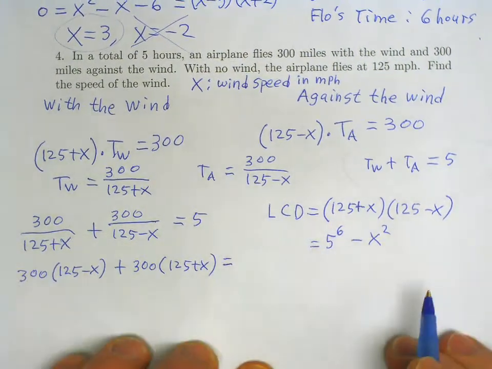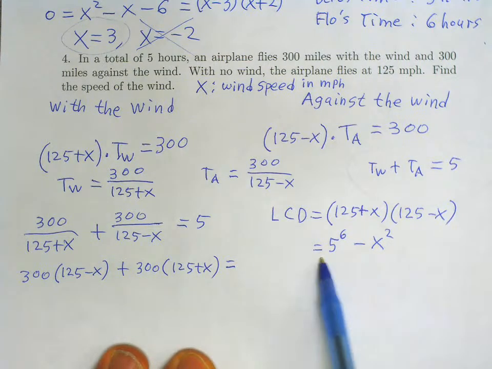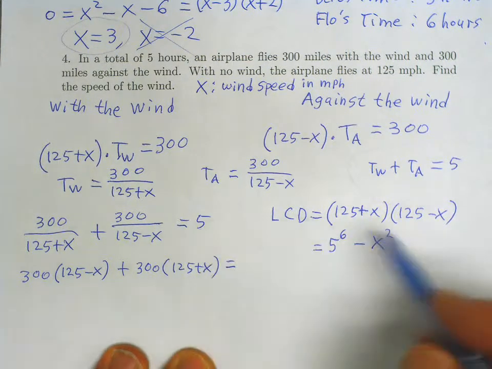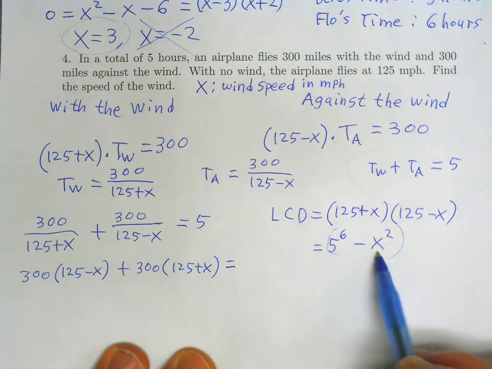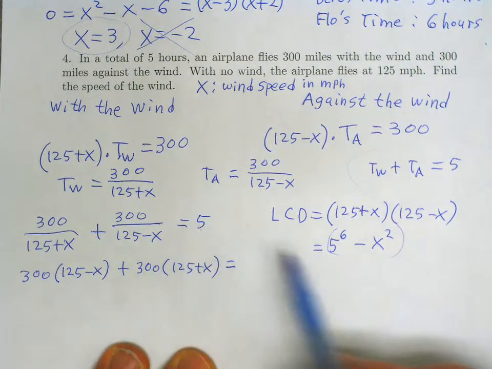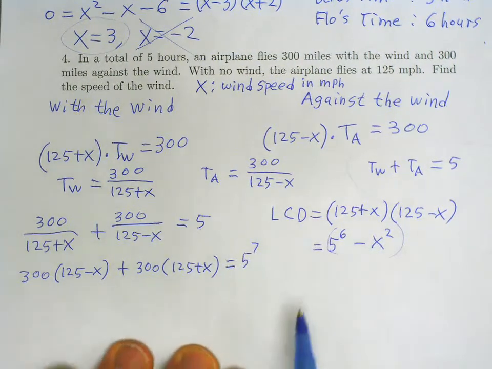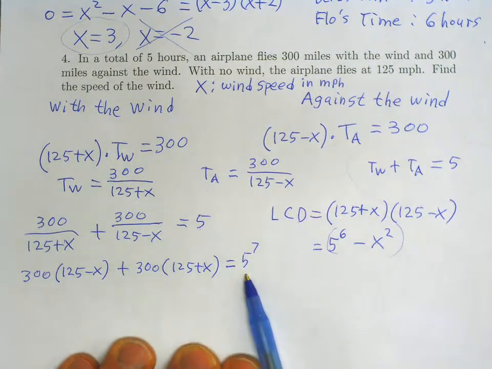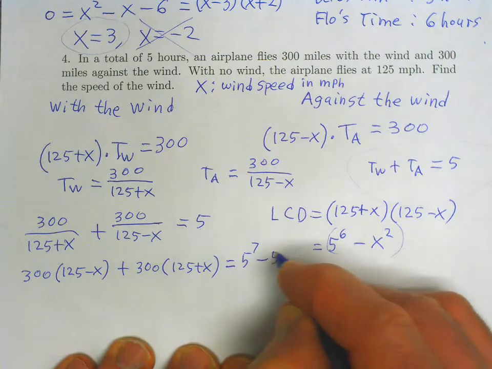And then we're going to multiply the right-hand side, 5, by the least common denominator. But I'm just going to multiply 5 times this quantity, 5 to the 6th minus x squared. 5 times 5 to the 6th is 5 to the 7th. You can use a calculator later to determine what 5 to the 7th is. And then we also have minus 5x to the 2nd.